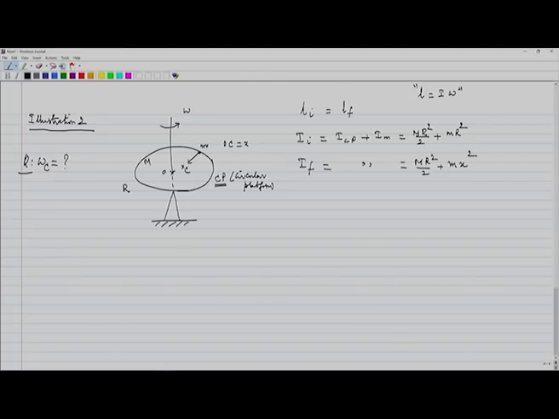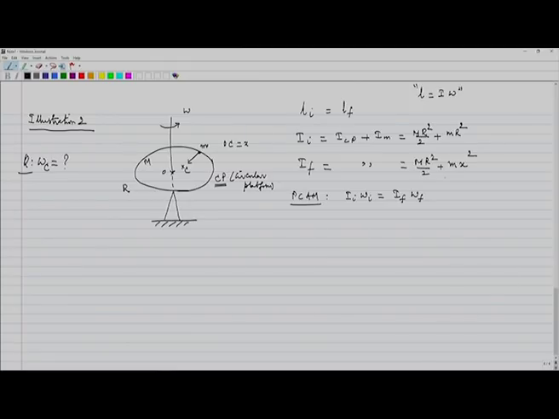Now I am going to make use of the principle of conservation of angular momentum, which says moment of inertia initial times omega initial is equal to moment of inertia final times omega final.